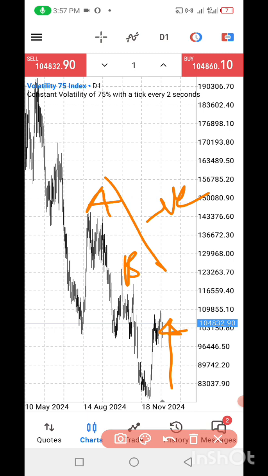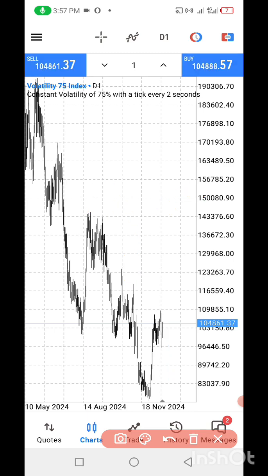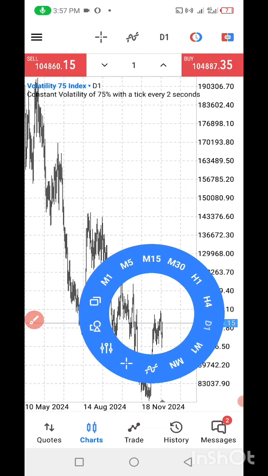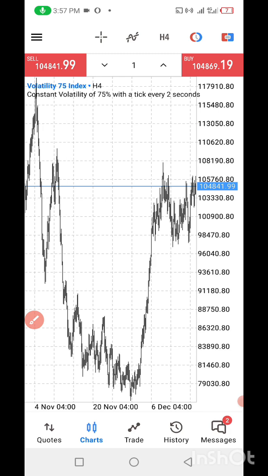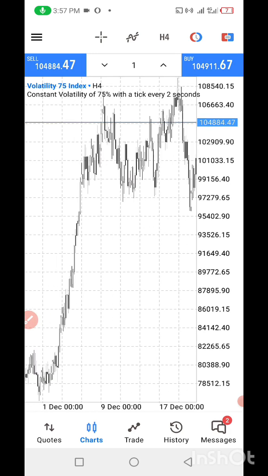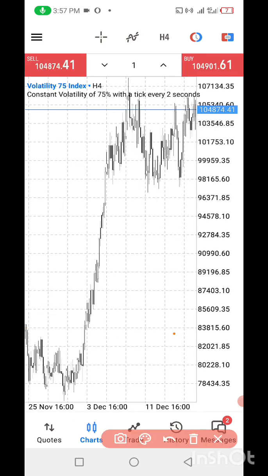Because as an observer, I can step down to a lower time frame like H4, and all I see is that here we have a point A and a point B, and this defines a positive slope. And so along this path, I'll just look for buy. Okay, the market is buying. When I step down to H4, the market is buying.